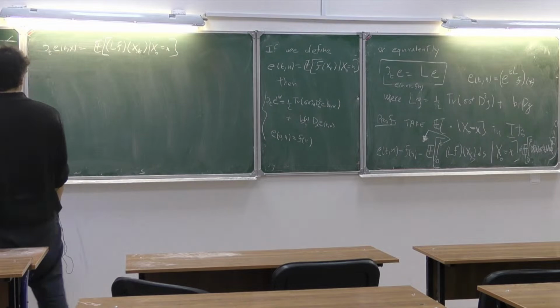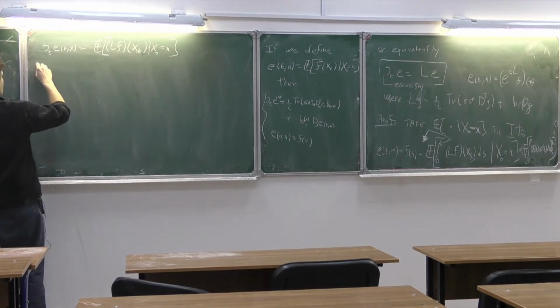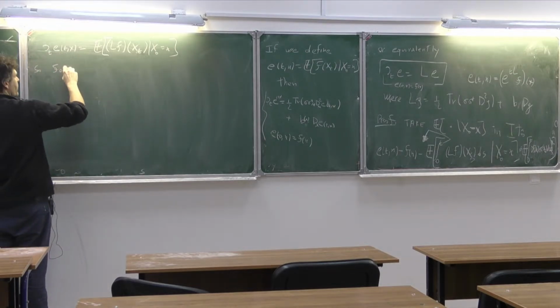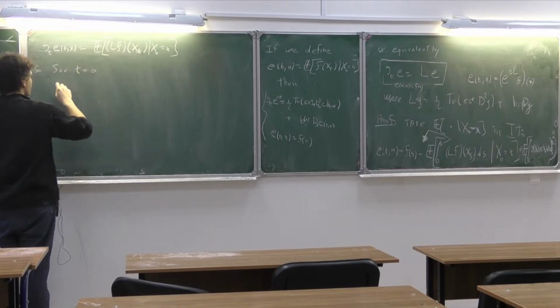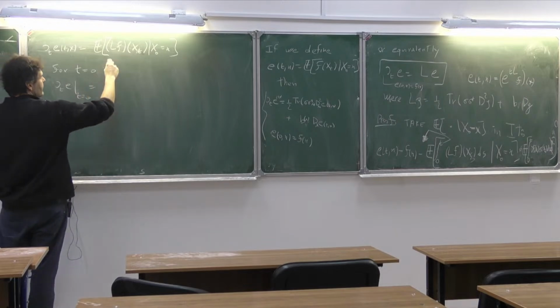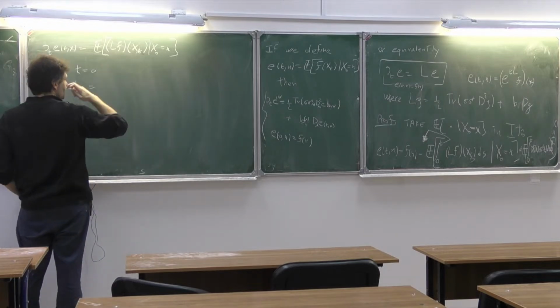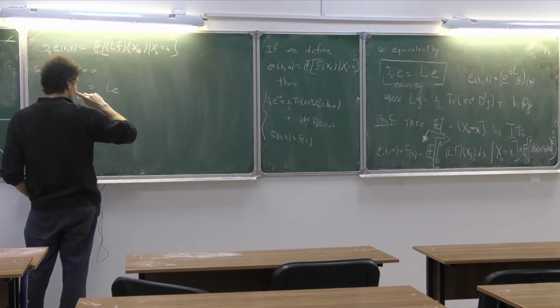So in particular, for t equals 0, you get dt E computed at 0 is exactly LF, it's exactly LE at 0.